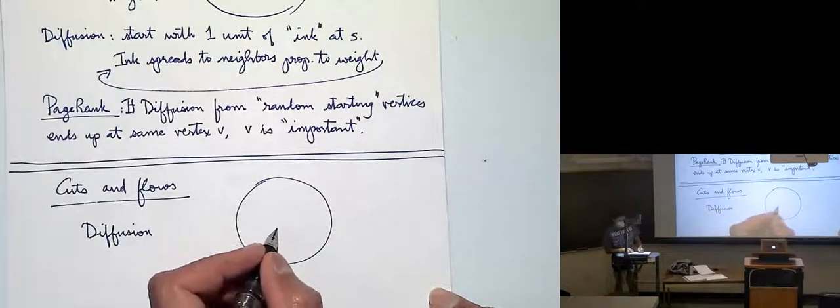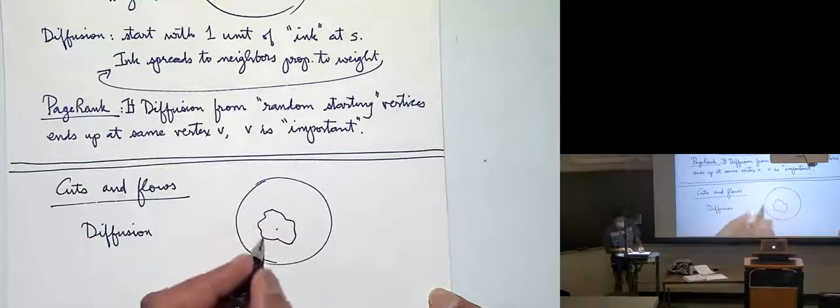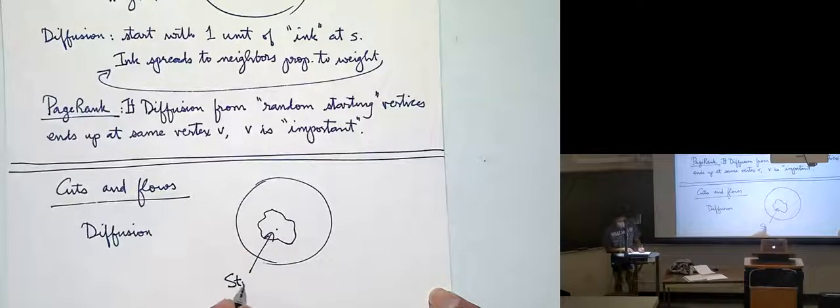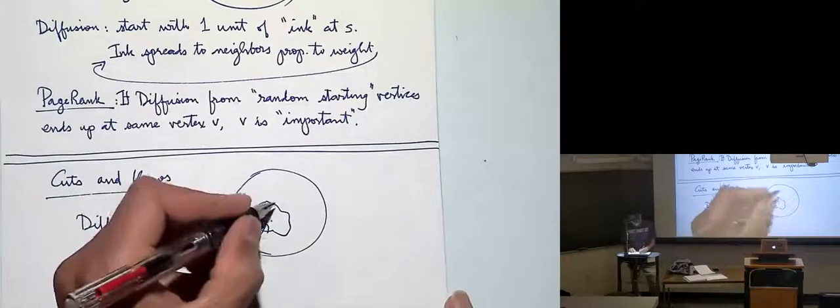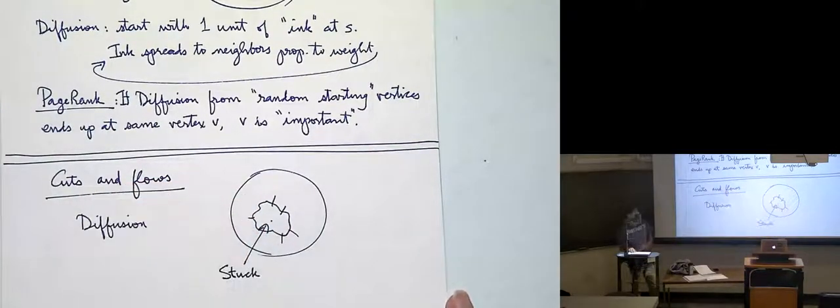Let's say diffusion from somewhere is stuck, meaning that the ink goes there and the ink is just not spreading. Why is it not spreading? It's not spreading because the cut is small, in some sense. The reason why diffusion doesn't spread is because the cut is small, or it has bumped into a small cut.